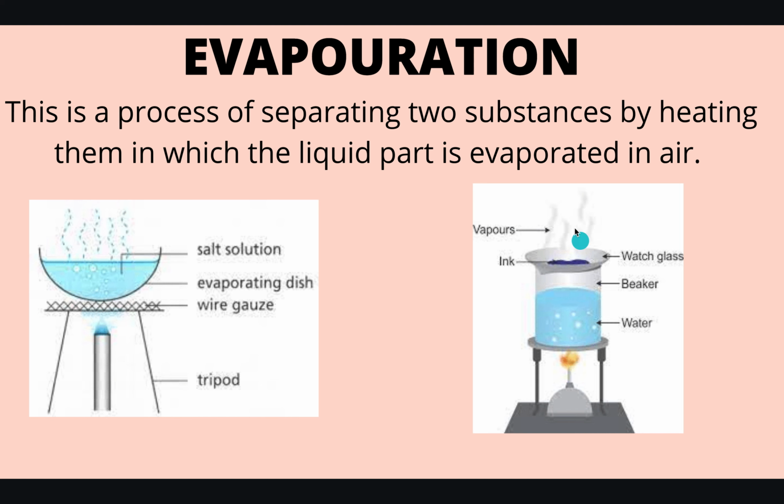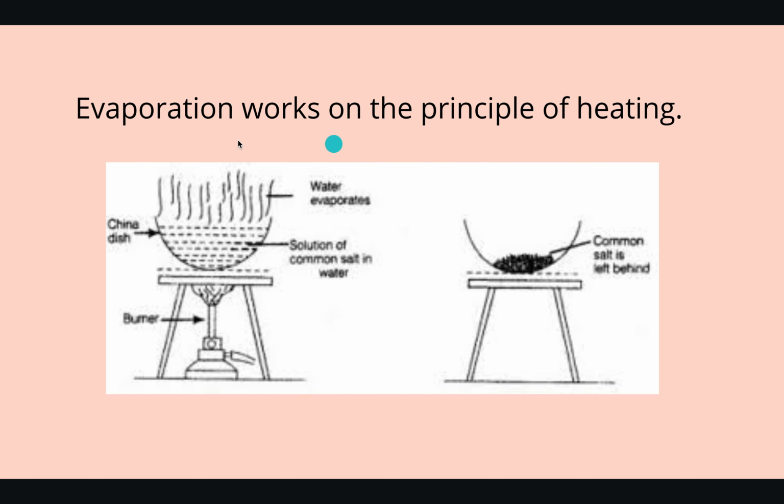We can see that all the vapor part, all the liquid part will separate, and we will be left only with the powdered sediments of the ink, because ink itself is a mixture of various types of colors and of water. Now let's see the application of evaporation.